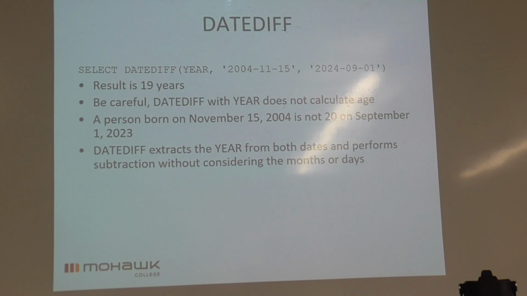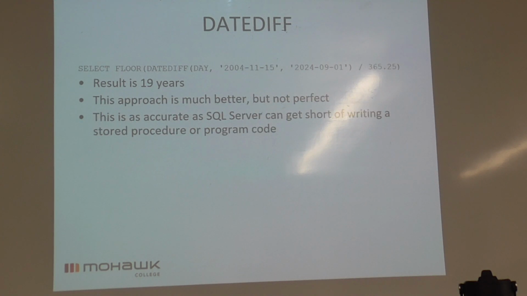Date diff extracts the year from both dates and performs subtraction without considering months or days. If you want more accurate results, you must bust yourself down to the next lowest level, or in this case 2 levels, and then divide by the number of days in a year. But of course, this way lies madness.